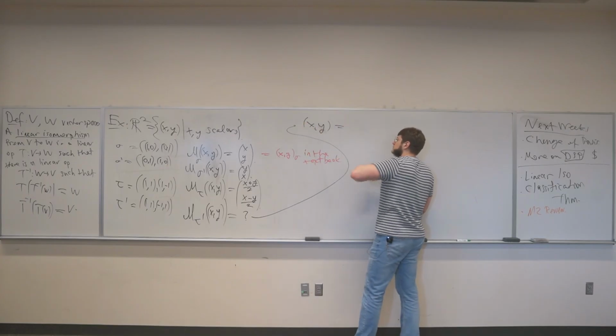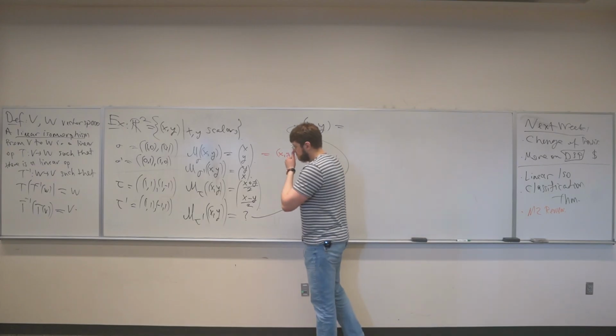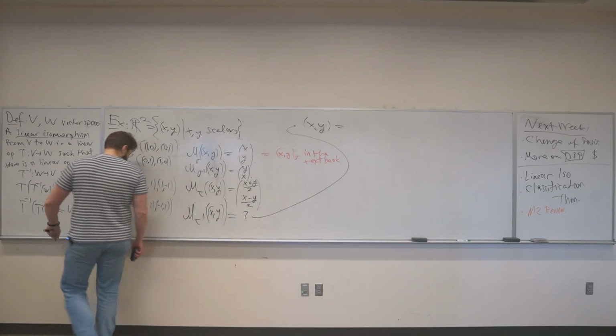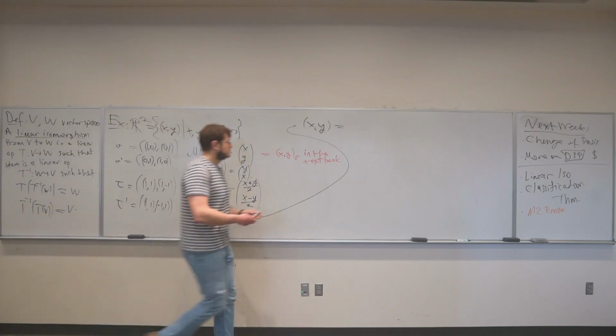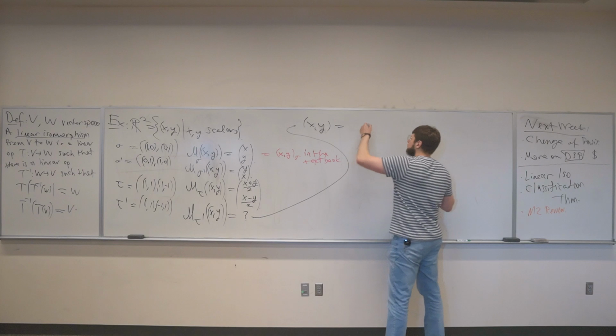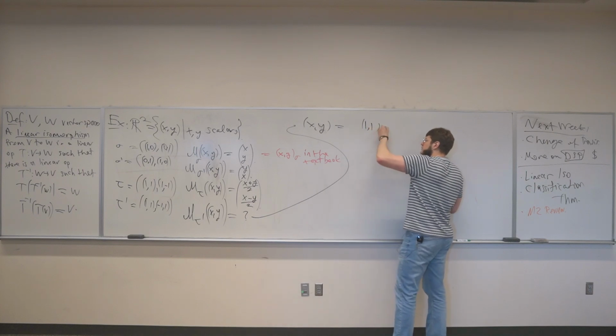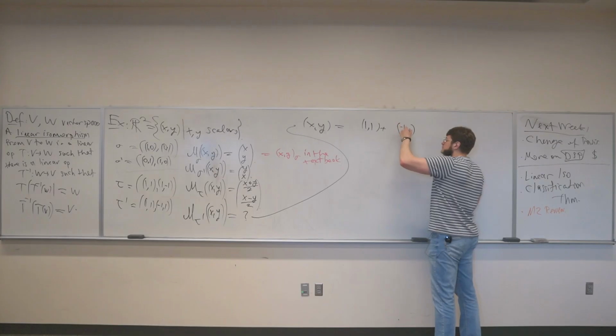I look at my tau prime: first vector plus second vector, (minus 1, 1).